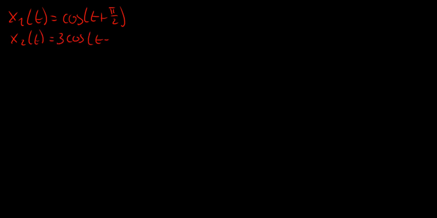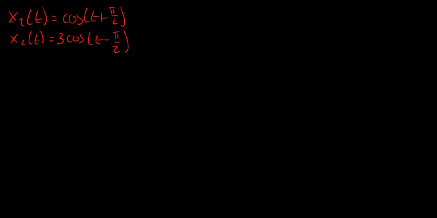But for now, we are using this as follows. Suppose we have two signals, namely x1, cosine of t plus pi divided by 2, and we have another function x2, which is 3 cosine of t minus pi over 2.